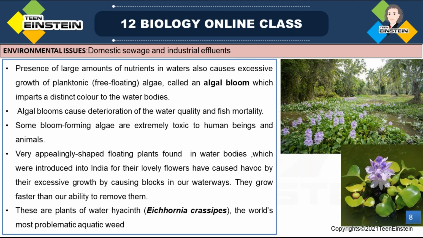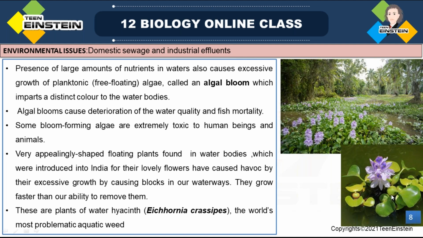So there will be a large amount of nutrients in that water, and that causes excessive growth of planktonic, that means free floating algae. Okay, excessive growth of free floating algae you can see in water bodies like this, wherever the nutrients are more, like this free floating algae you can see.